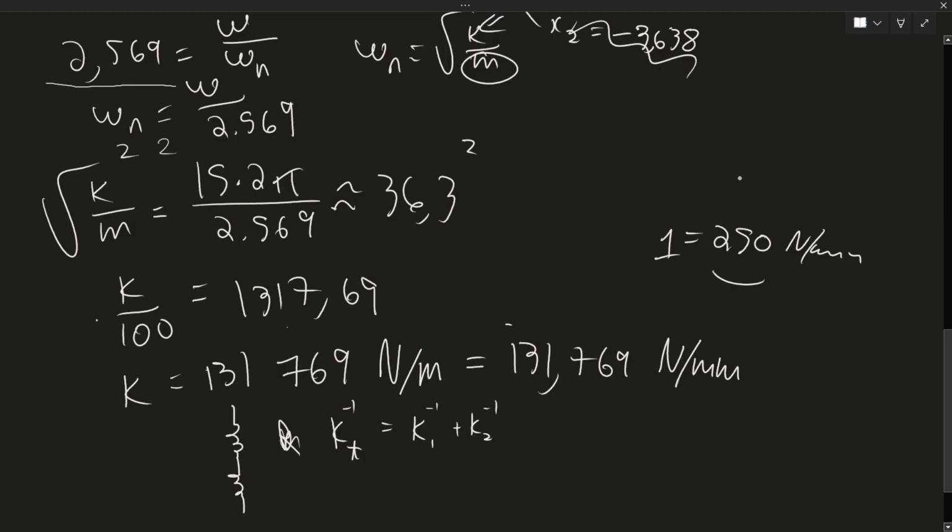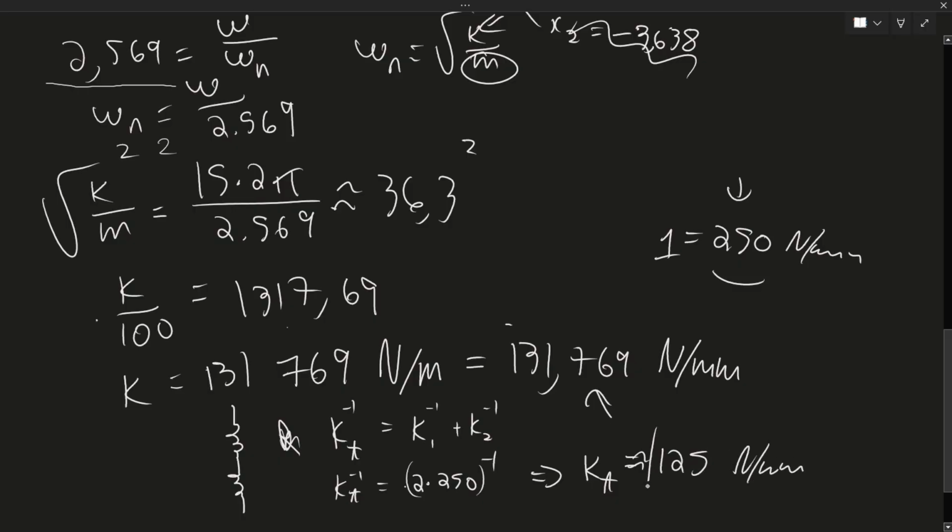So since 250 is too much, let's see what happens if we stack two rubber pads. 2 times 250 to the negative 1. Then you would get a total K of about 125 newtons per millimeter, which is smaller than this. And that is your final answer.